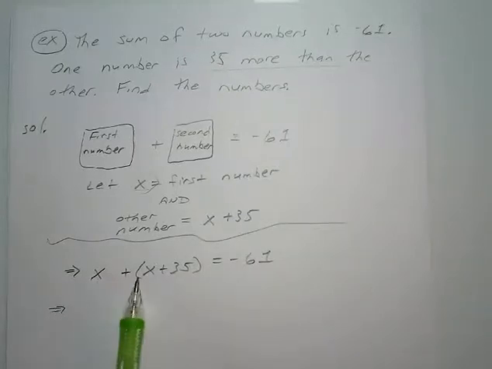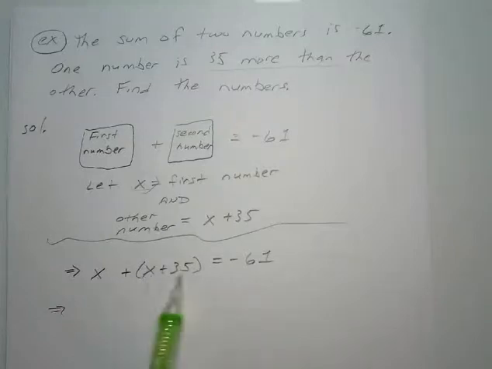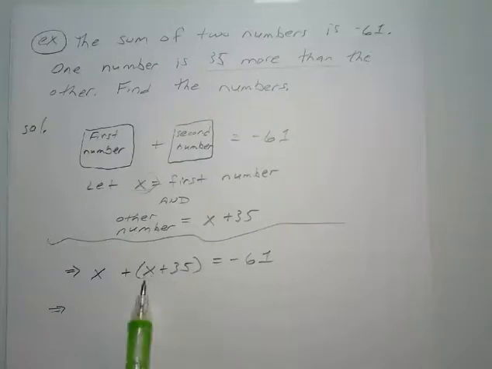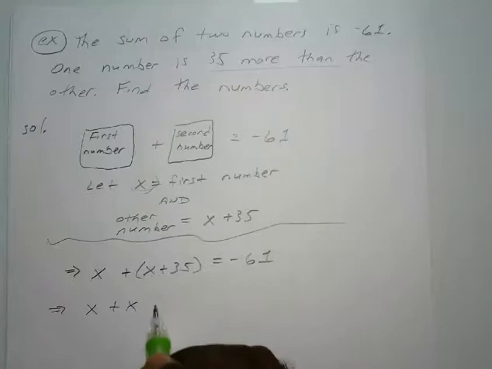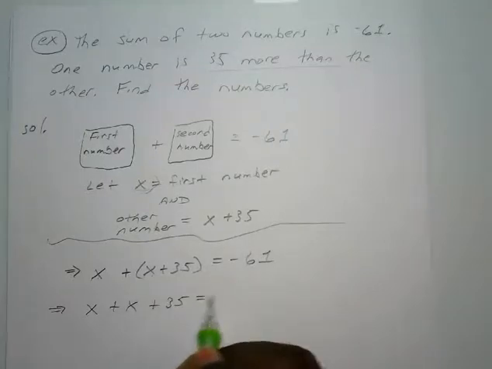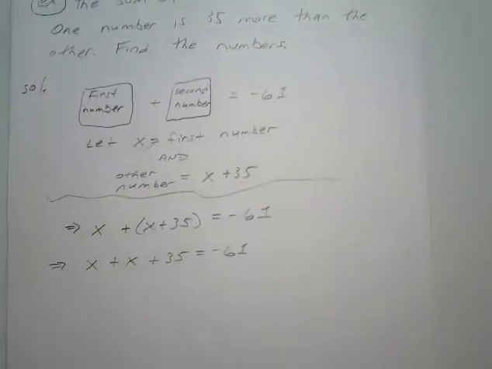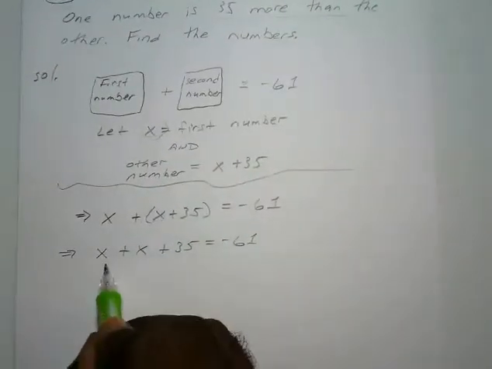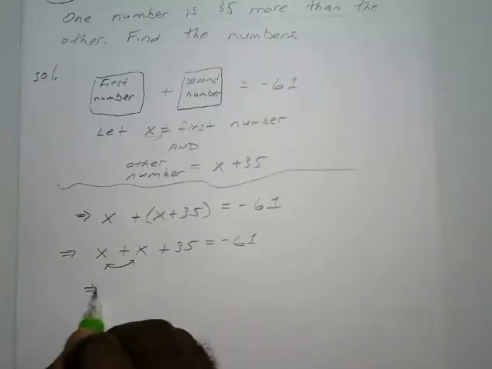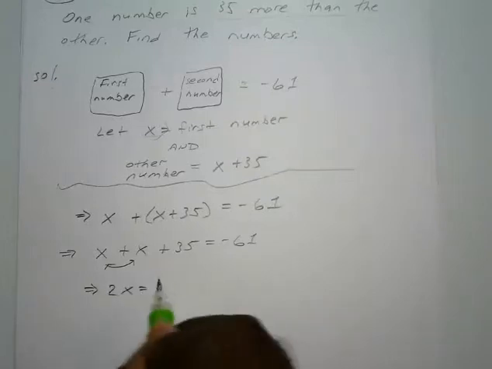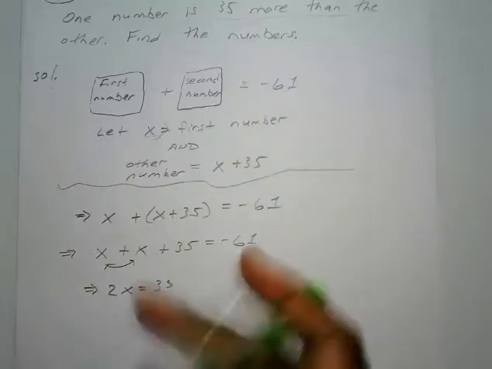So x here, if you have that plus and then the parentheses, you didn't have to put the parentheses. I just put it to show that this represented the second number. So you have x plus x plus 35 equals negative 61. So we go ahead and combine those two. x plus x is 2x, so 2x plus 35.